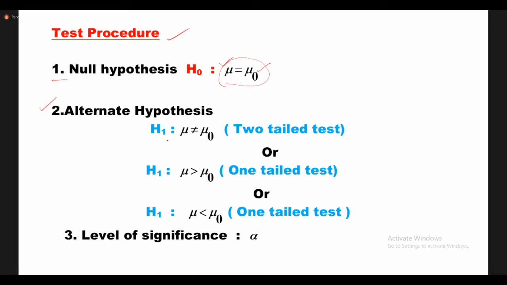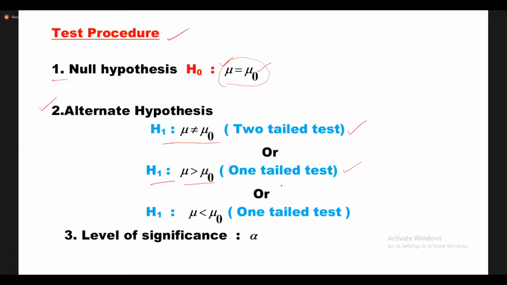Suppose you are taking alternative hypothesis mu is not equal to mu naught. Here the not equal to type is there, then the test is a two-tailed test.